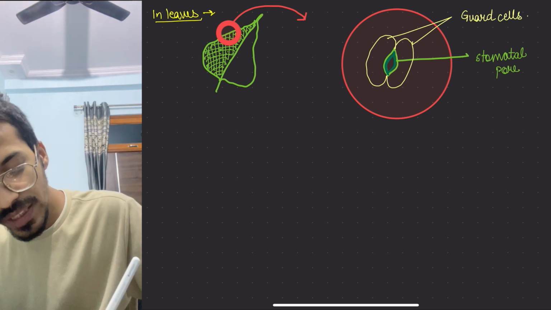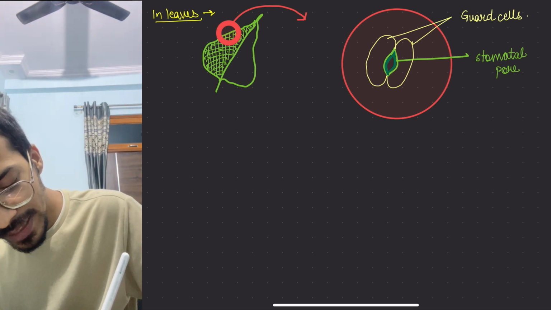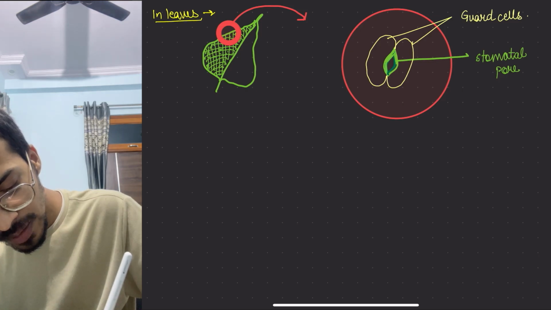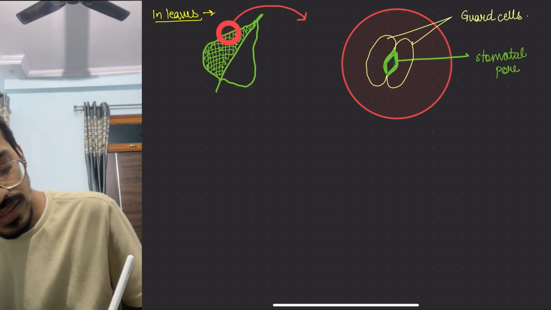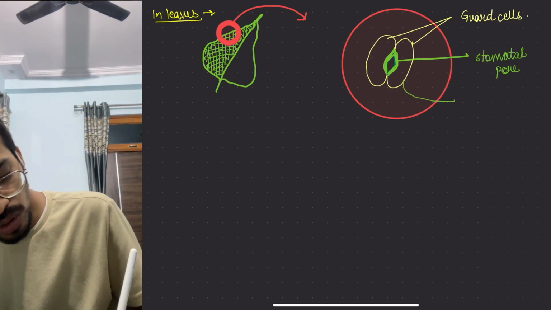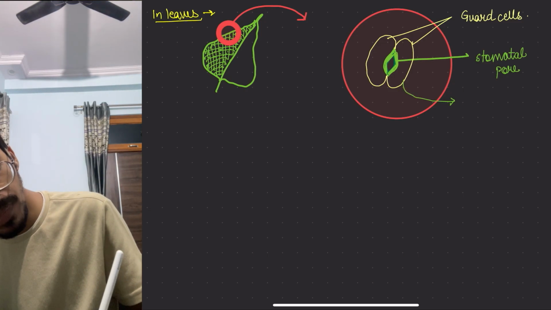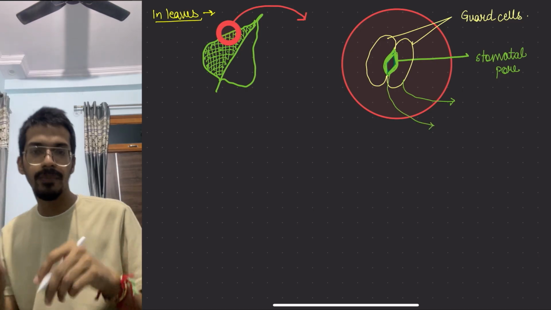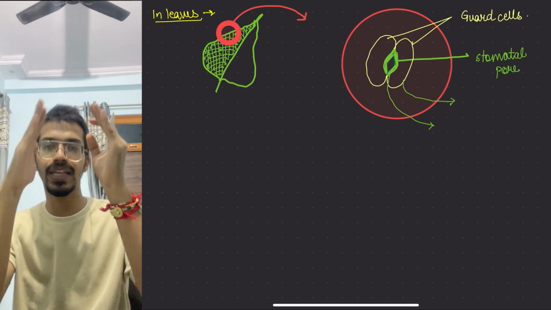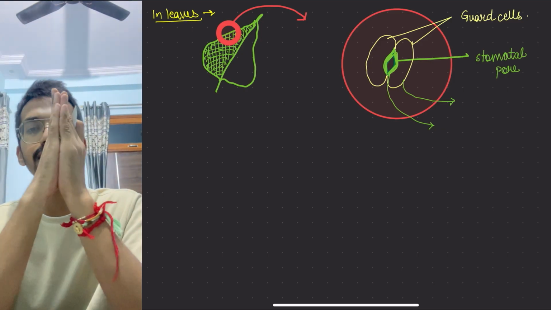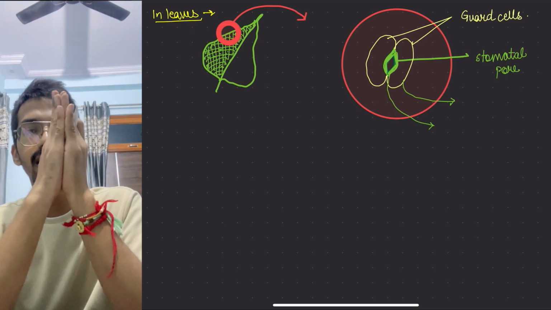Okay, can you see that this layer I have made very thick, right? Thick layer. But this layer is very thin. So this is also part of the guard cell only, beta, because the pore is formed by them. Okay, so what is happening? Imagine that this is one cell, this is one cell. If it is like this, imagine that this is one guard cell, one guard cell.